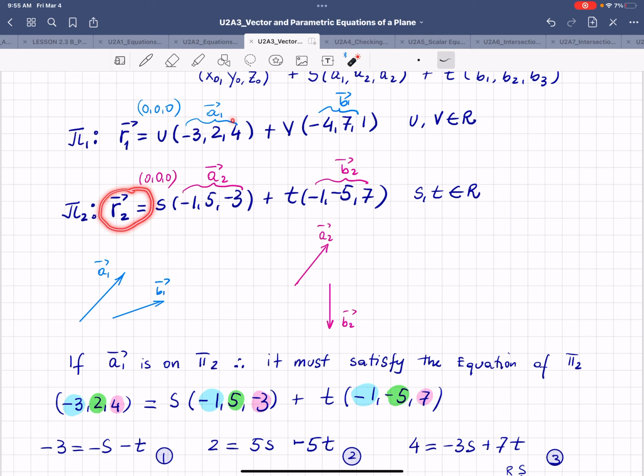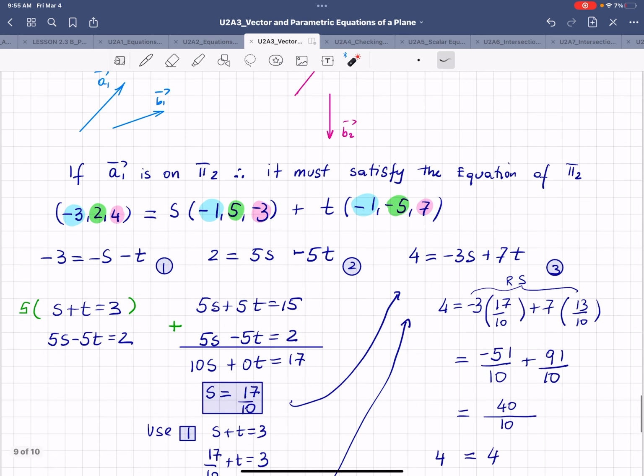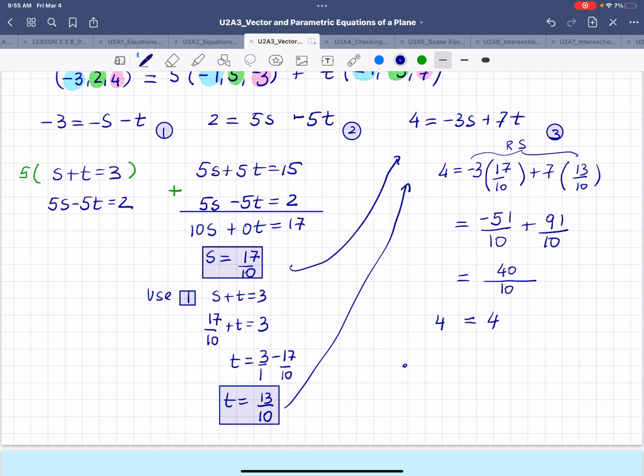If a1 lies on pi 2, b1, which already lies on the same plane as a1, must be on plane pi 2. So therefore, we're going to say that the equations of pi 1 and pi 2 represent the same plane.